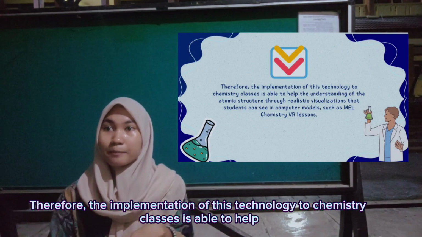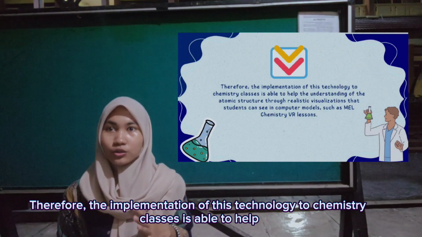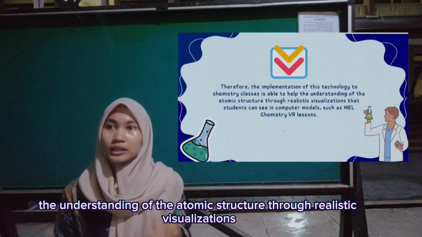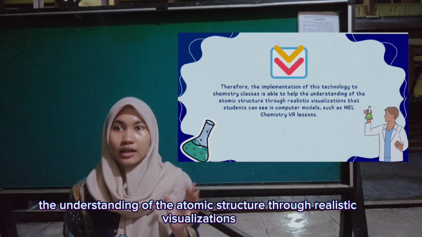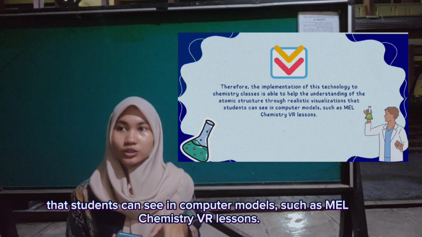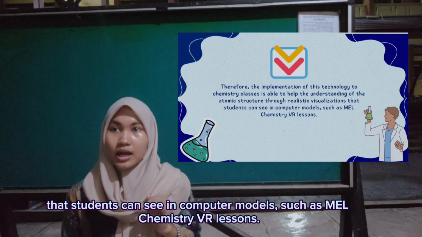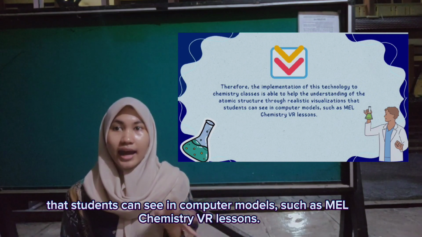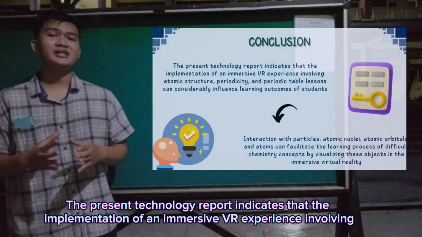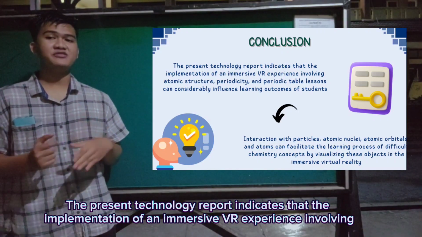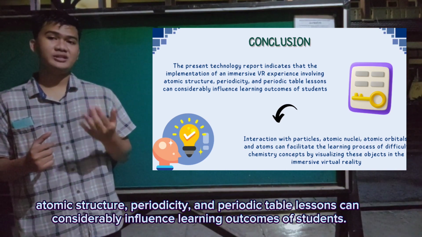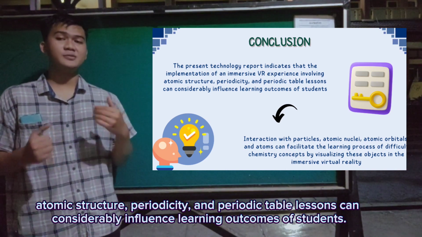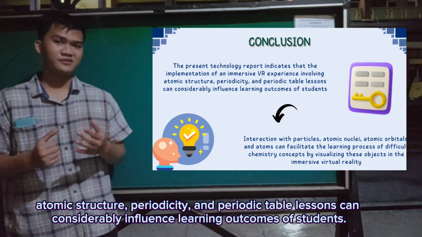Therefore, the implementation of this technology in chemistry classes is able to help the understanding of the atomic structure through realistic visualization that students can see in computer models such as MEL chemistry VR lessons. The present technology report indicates that the implementation of an immersive VR experience involving atomic structure, periodicity, and predictable lessons can considerably influence learning outcomes of students.